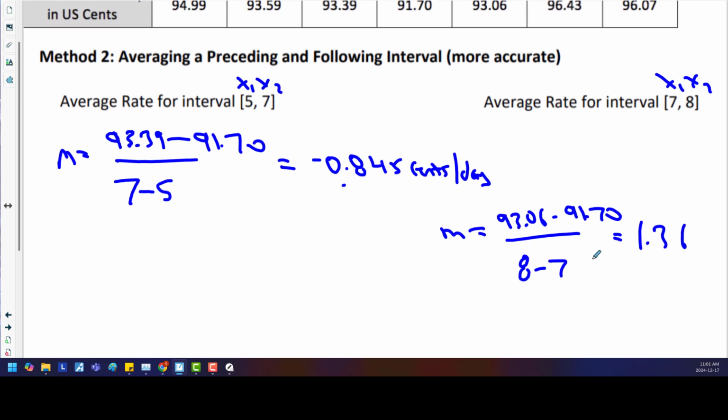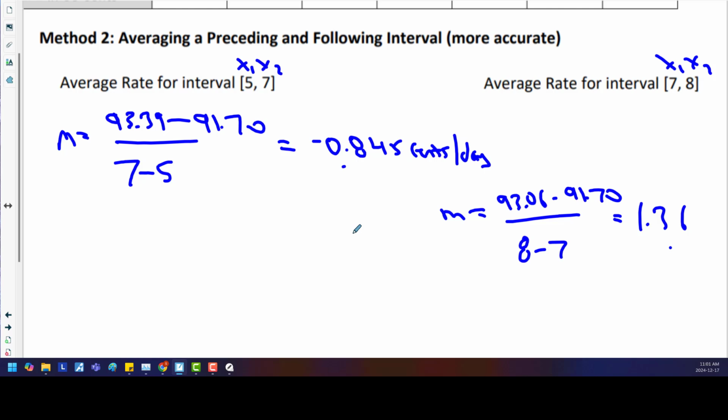And now we're going to take the average between these two values. So we're going to add them together, and we're going to divide by 2. Okay, so yeah, I did the calculations. So when you add them together and divide by 2, here, I'll write it out for you.